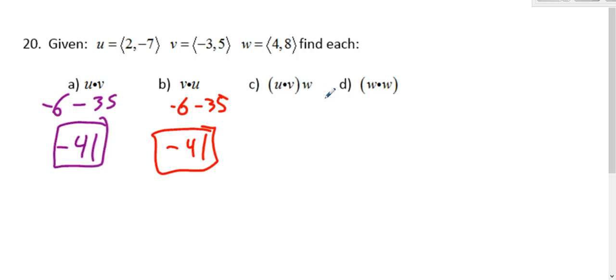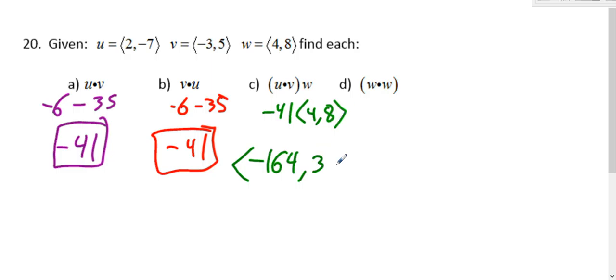U dot V times W. We already did U dot V, so let's save some time. That's just -41. Times W, which is 4, 8. You have to distribute the -41 into the vector now. So it's -41 times 4. And -41 times 8. There you go.